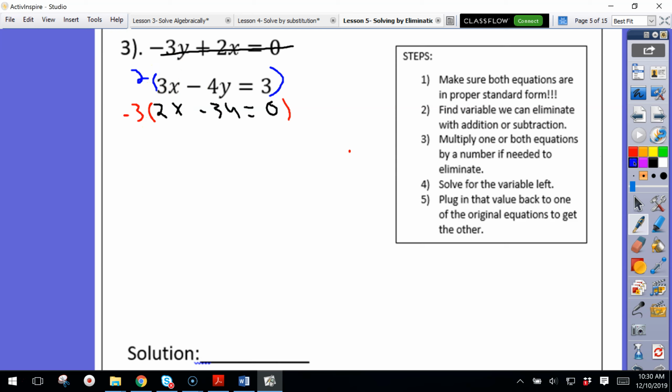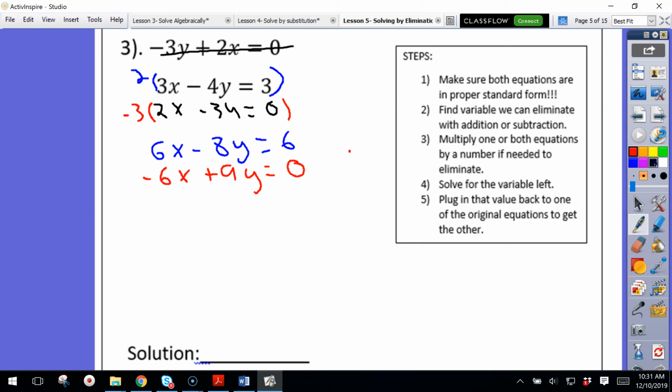All right, so our first equation, when I multiply the entire thing by 2, is going to be 6x minus 8y equals 6. Our second equation is going to become negative 6x. Again, we're multiplying by negative 3, so negative 3 times negative 3y is going to be positive 9y, is equal to negative 3 times 0, which is just 0.